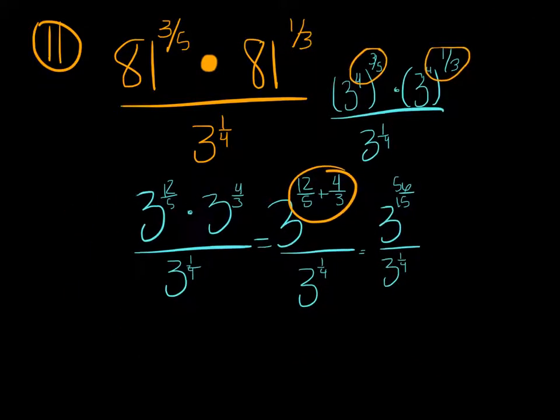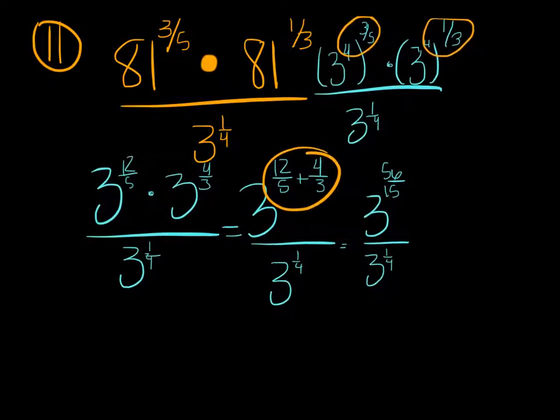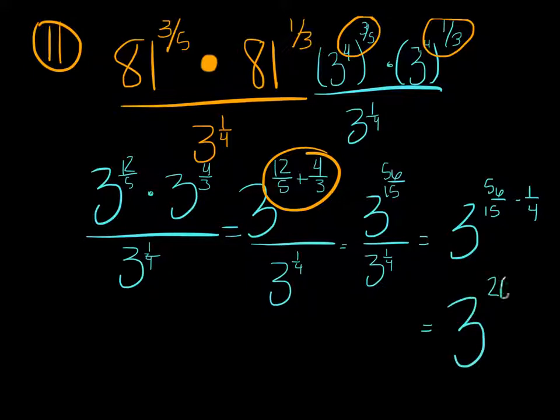This will be 3 to the 56/15 minus 1/4. Since it's divided, we're subtracting exponents, which is, if you do that in your calculator, you will get 3 to the 209/60 power.